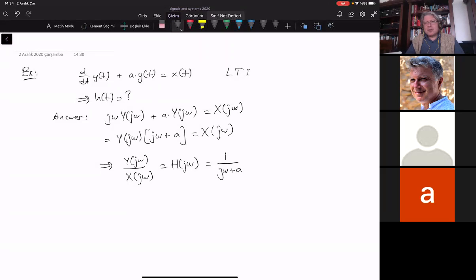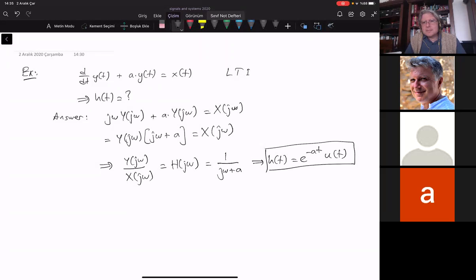Can you tell me the inverse Fourier transform of this just by inspection? Because we have seen this Fourier transform before. Yeah, e to the minus at u of t, exactly. We did it.